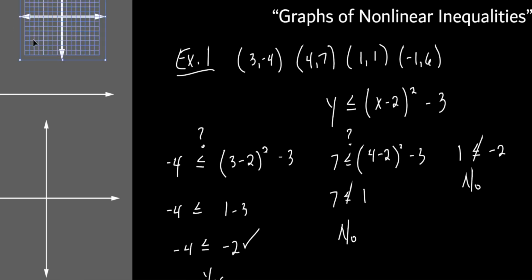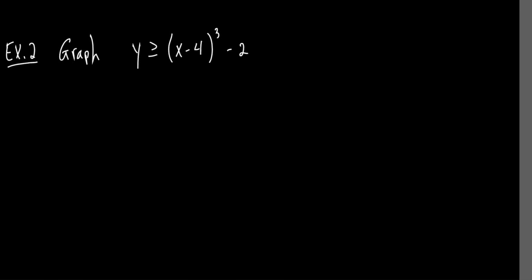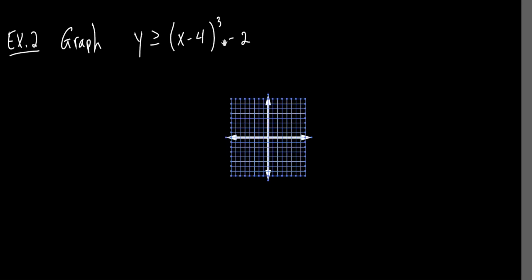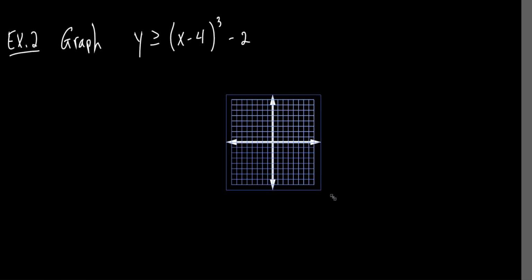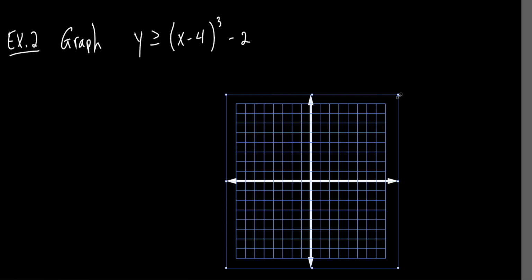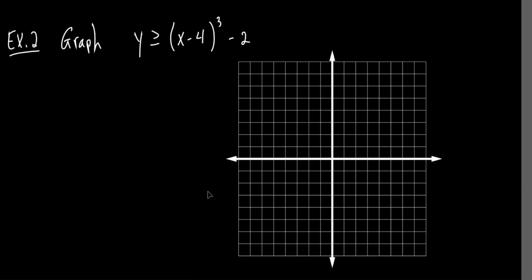I was just going to stick an x and y axis there, but I think the graph might be a little more useful to us. We're going to graph this. If it helps putting some points in, I mean, you should know the basic shape of this and where it starts and which direction it goes and all that kind of good stuff.